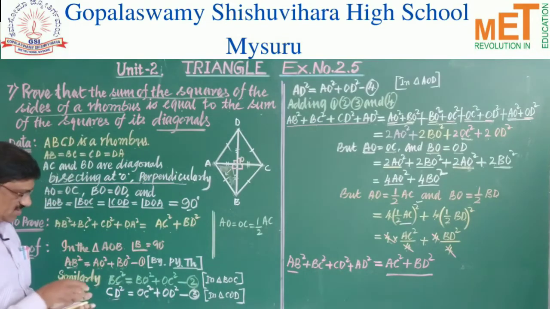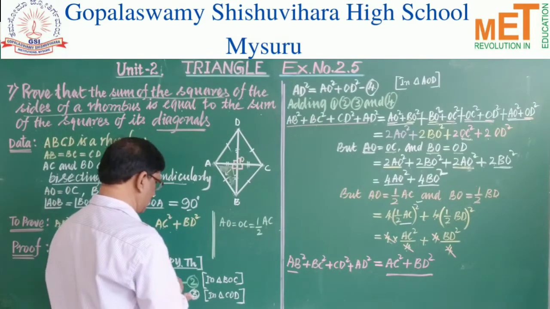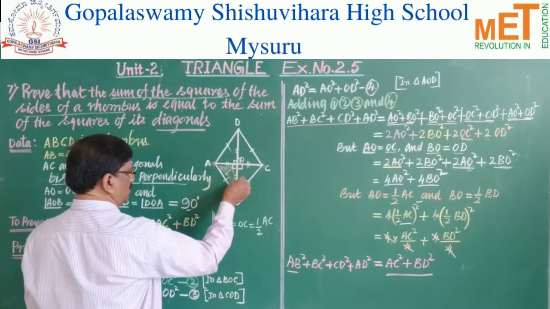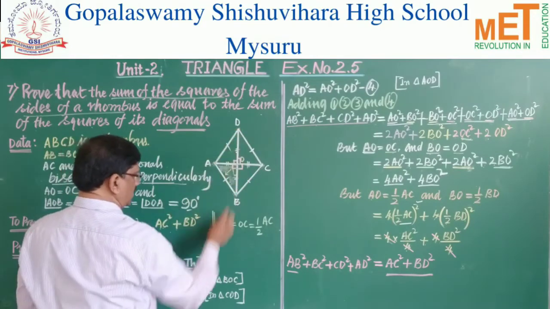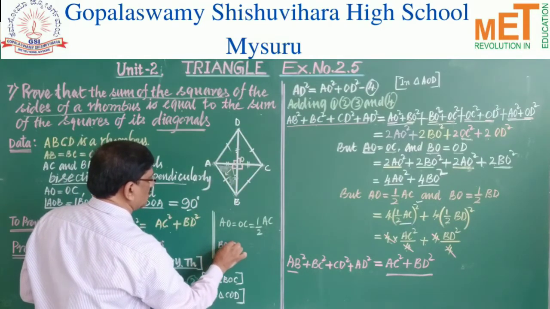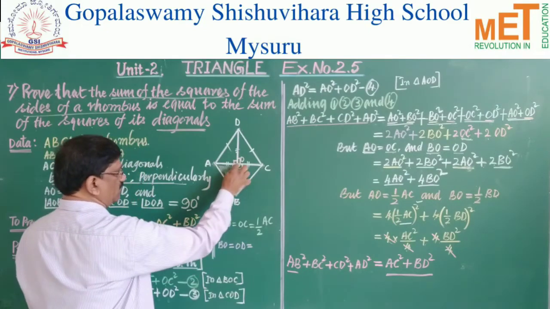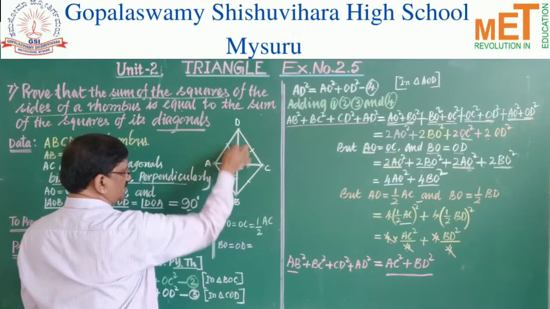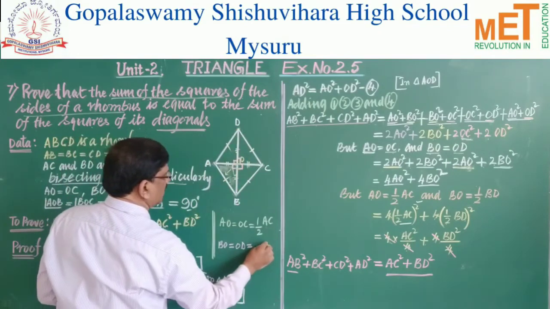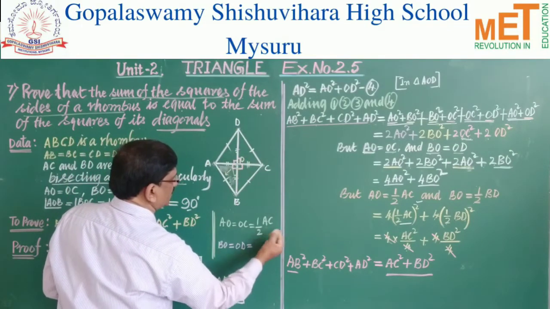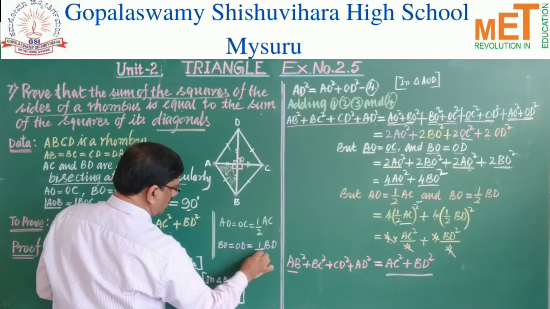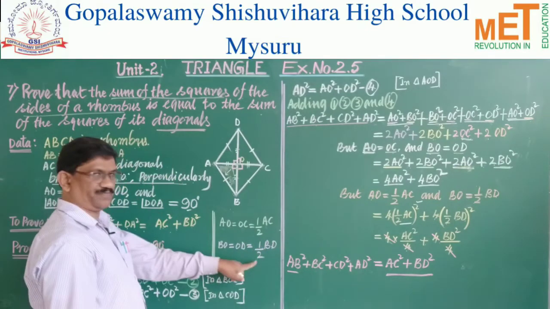Understood, children? Similarly, in the case of BO and OD, BO is equal to OD, with respect to the whole length BD, they are all half of the length of BD.